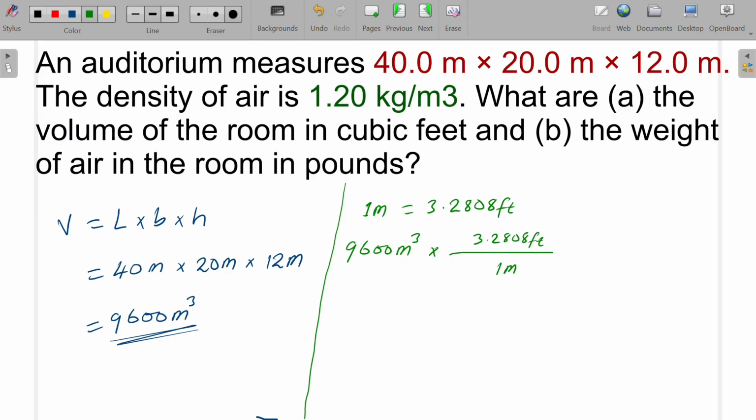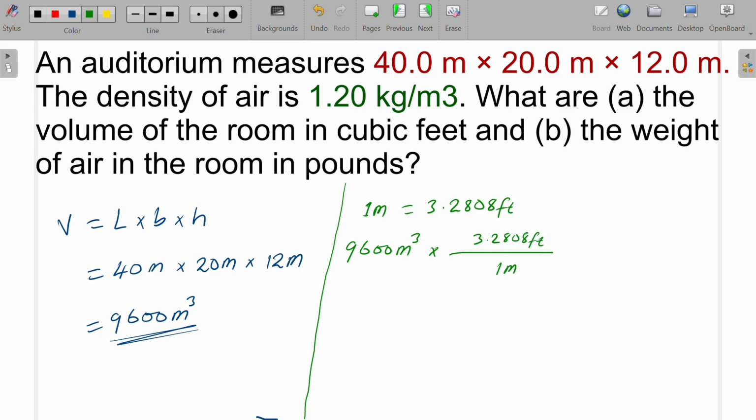When you look at what we have here, we have cubic meters here, and we only have meters there. So we need to change this to cubic meters and change that one to cubic feet, so that as we do our mathematics, we'll be able to cancel out units.